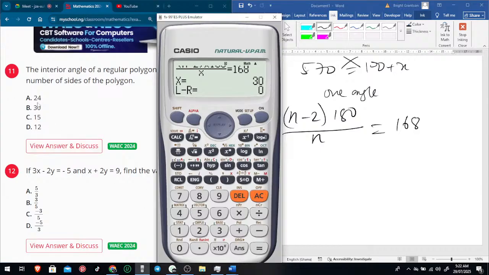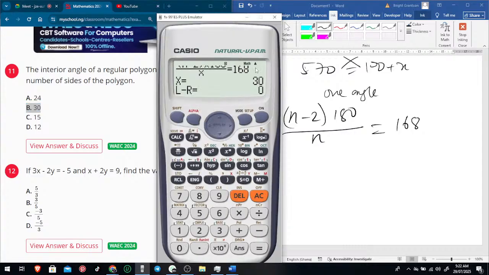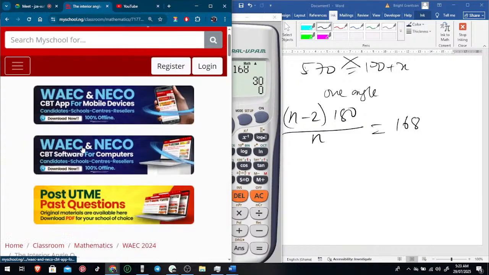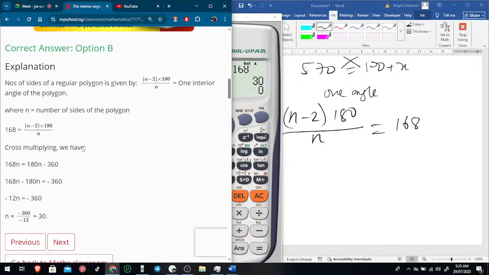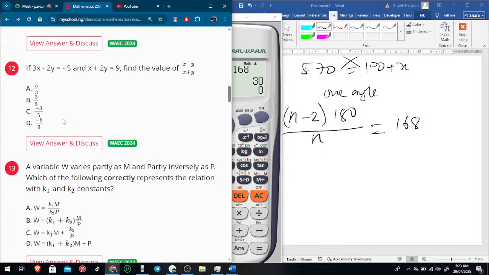So this is option B, 30. Please, are we okay? So let's go look at the answer. Yes, option B, 30. Now let's go to number 12.